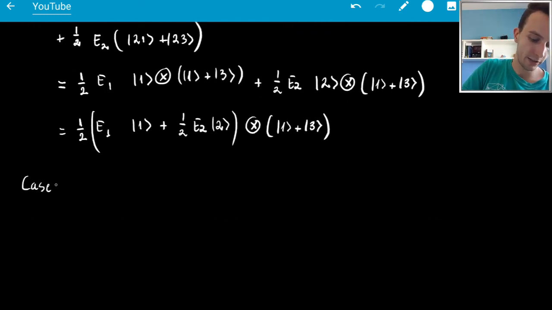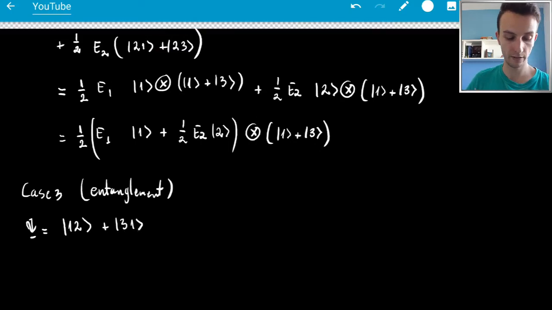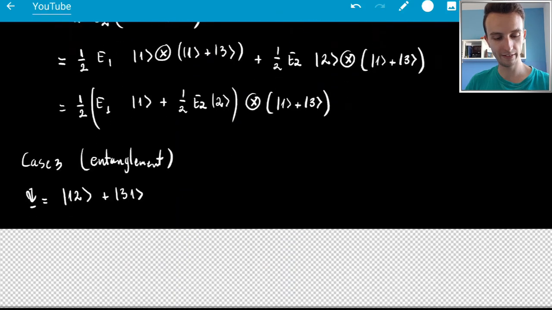And now the interesting case, case 3, and this is entanglement. The case of entanglement is when I can write that psi is, for example, 1, 2 plus 3, 1. We might need a square root 2.